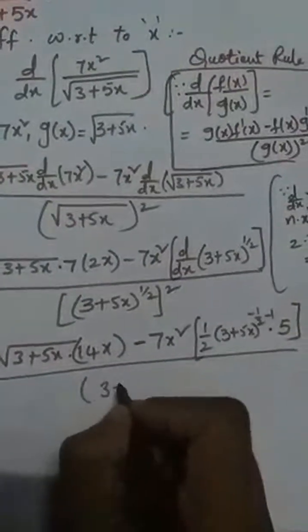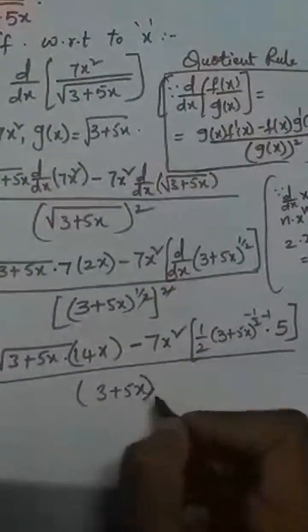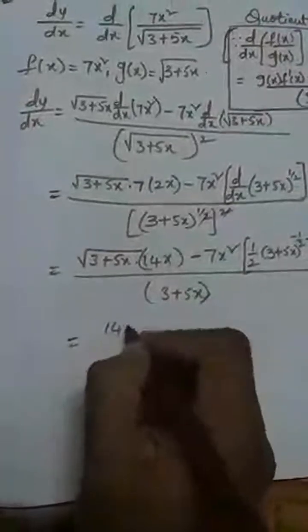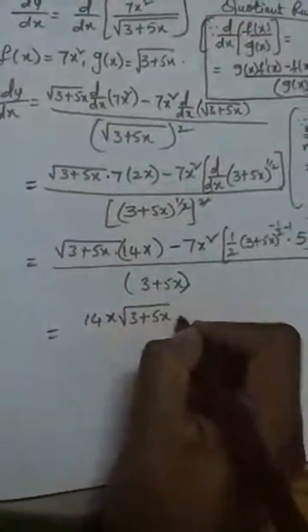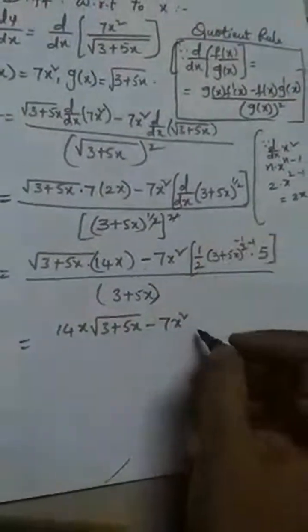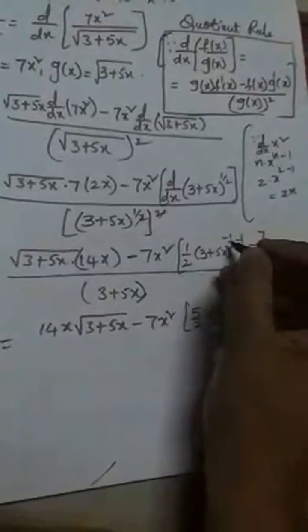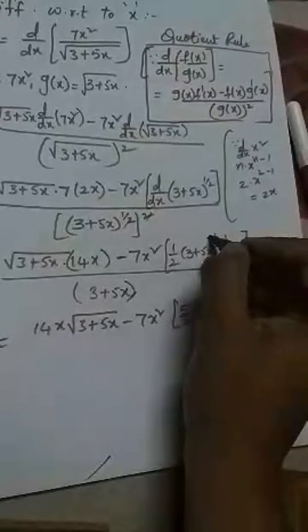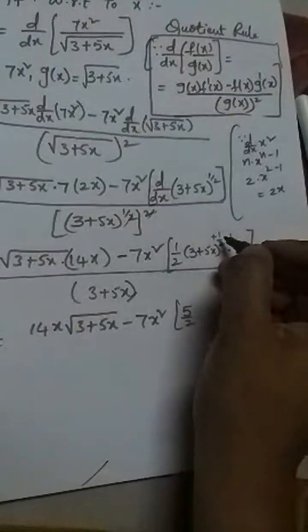Then the 2 cancels, and we get 14x into root 3 plus 5x minus 7x square. We get 5 by 2, and 1 by 2 minus 1 is minus 1 by 2.